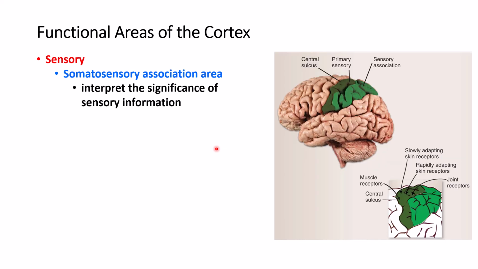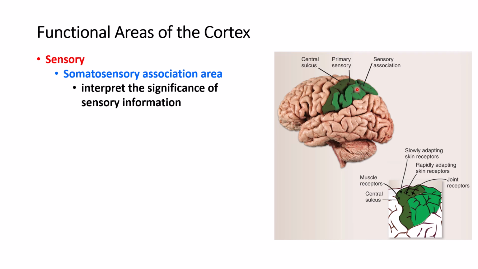And you also have the association area, the somatosensory association area, and this is to interpret the sensory stimuli that are coming. For example, you're touching your face and you know that this area touched your face, but whether it is sharp or dull, warm or cold, rough or smooth, depends on what touched you.